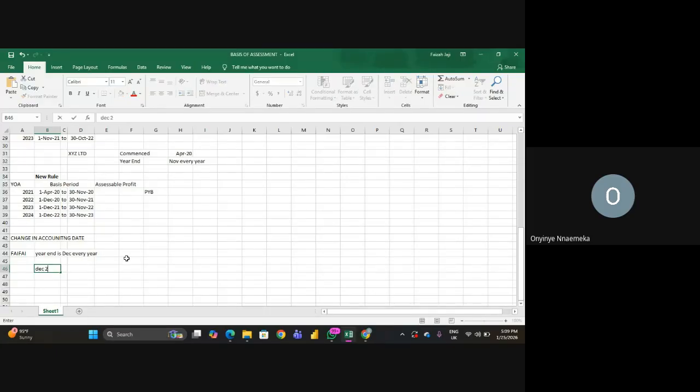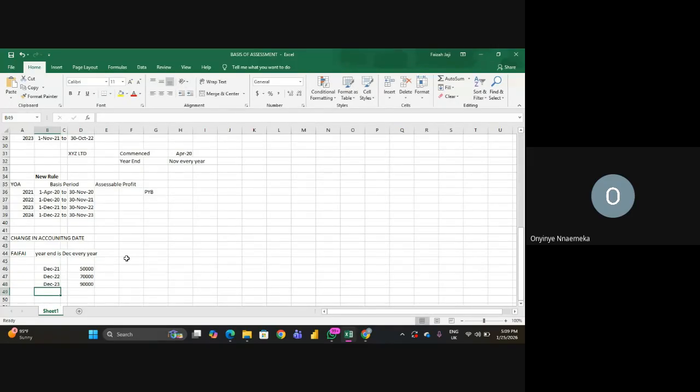December 2021 year end, let's say they got 50,000 profits. December 2022, their profit was 70,000. We have to keep progressing now. December 2023, profit was 90,000.